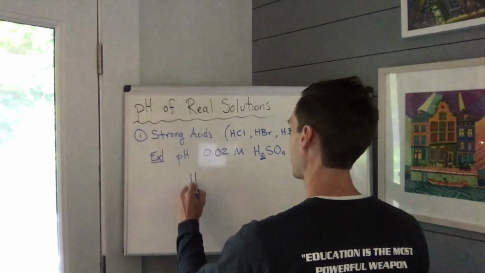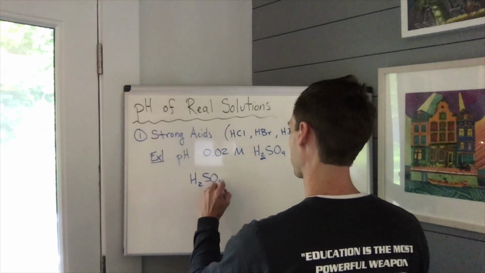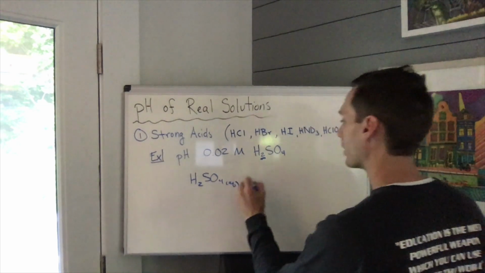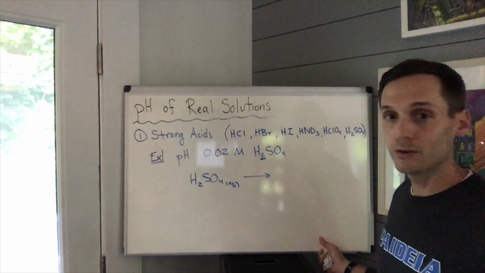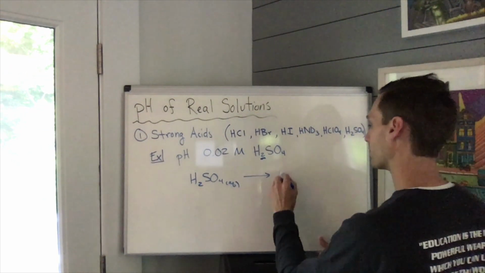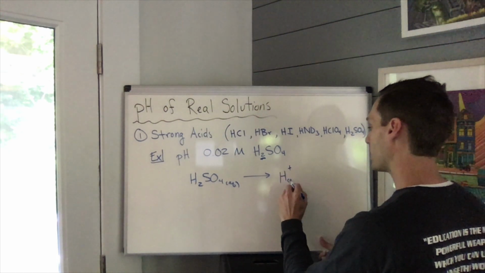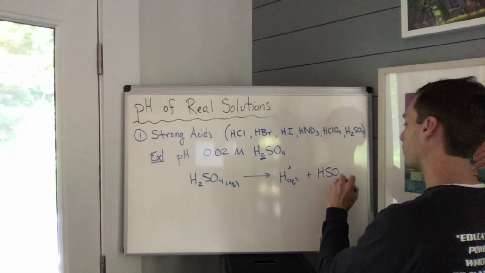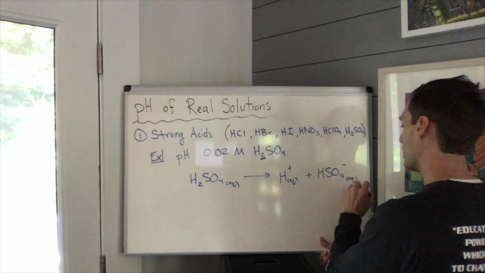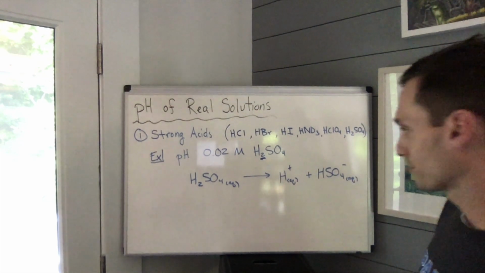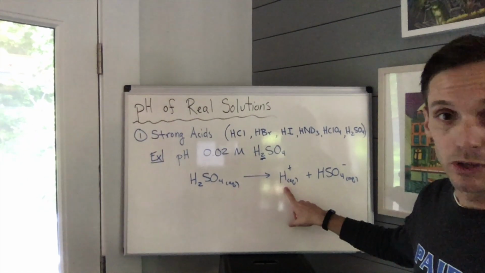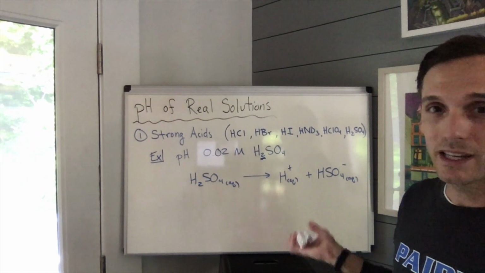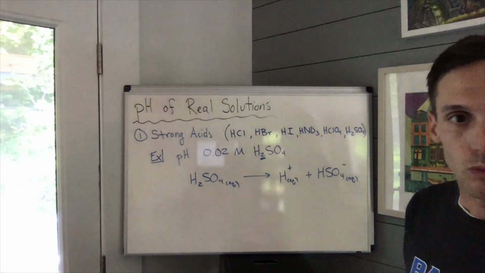We're going to have our H2SO4 in water. All it's going to do is donate 1 proton, so you have your H plus, aqueous, and then you have HSO4 minus as your conjugate base. And the molarity is going to be the same again because it's again a 1-to-1 ratio.